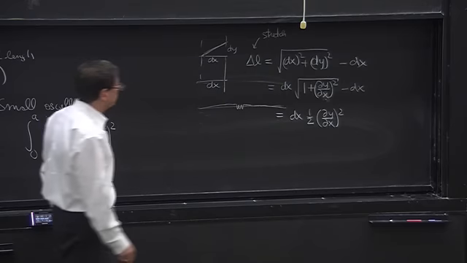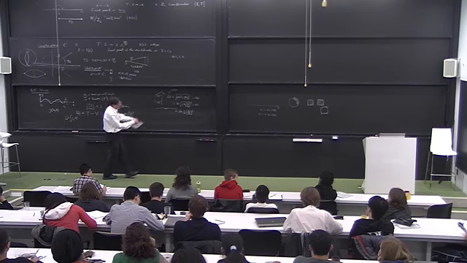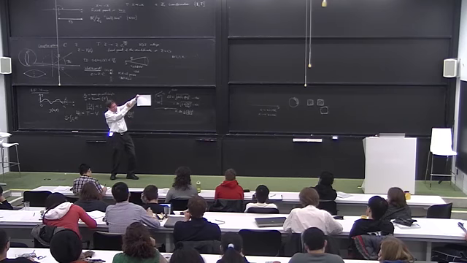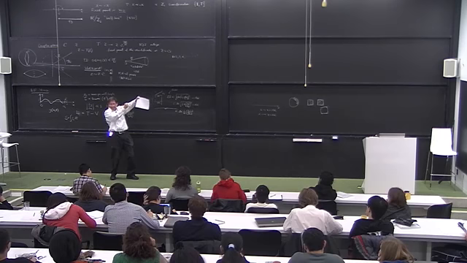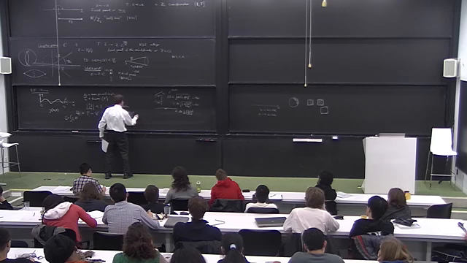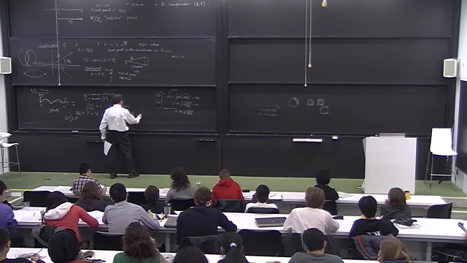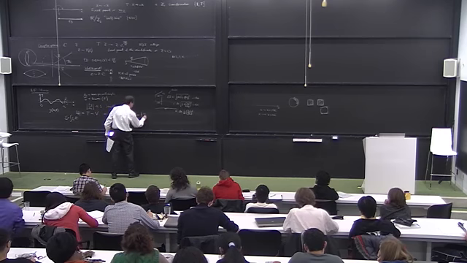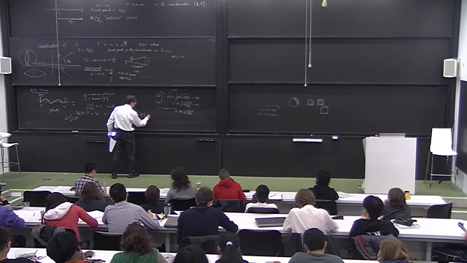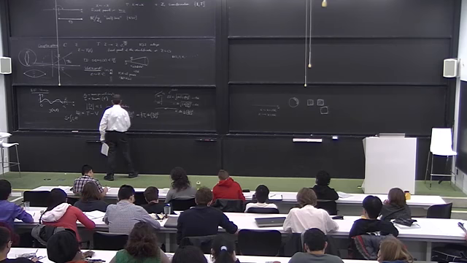So that's the little stretching of the little piece of string, and therefore the potential energy is the tension, the force, times the little stretching. That's the energy accumulated here. So I'll put it under the integral again, minus 1/2 T naught times dx times (dy/dx) squared.